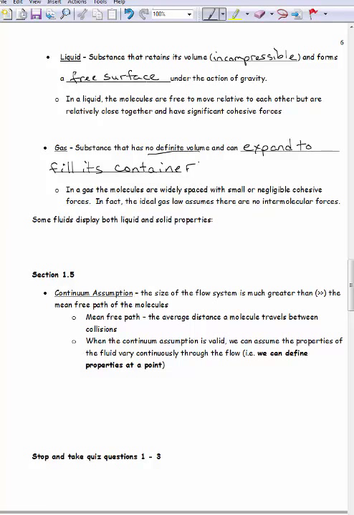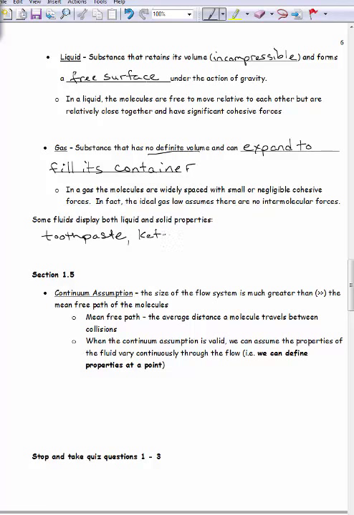Okay, so we've kind of defined liquid and gas, and talked about the differences a little bit. There are some fluids that are a little weird, and usually they're harder to categorize, usually between a liquid and a solid. For instance, toothpaste kind of acts like a solid, but let it sit there under the action of gravity for a little while, it'll start to deform like a fluid.